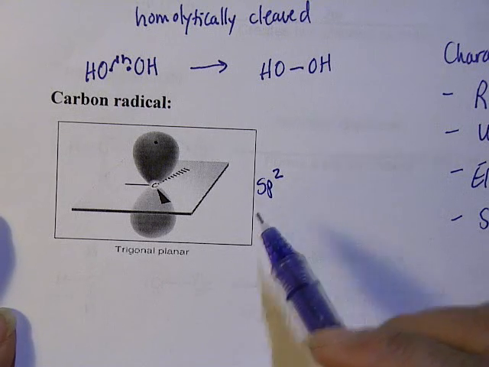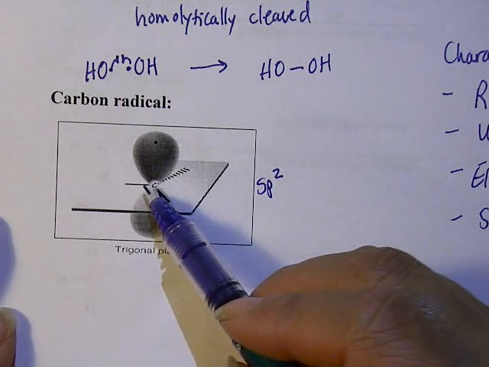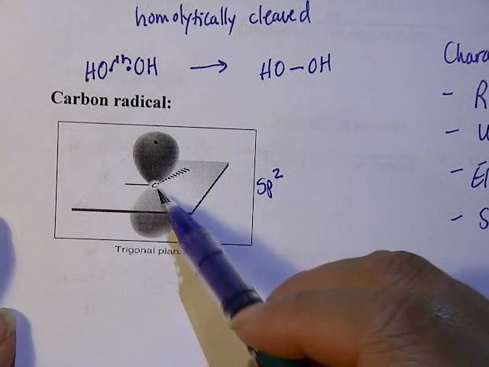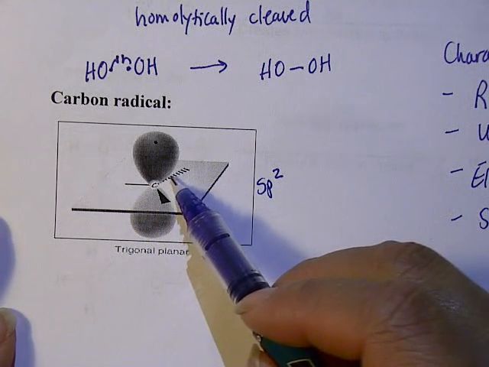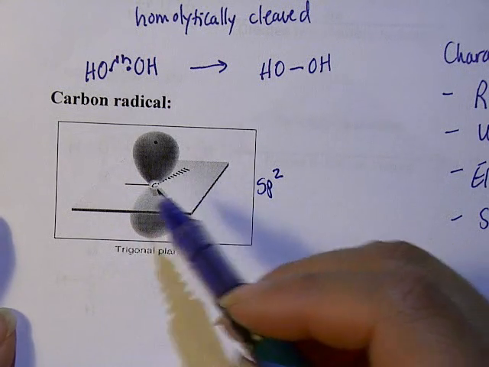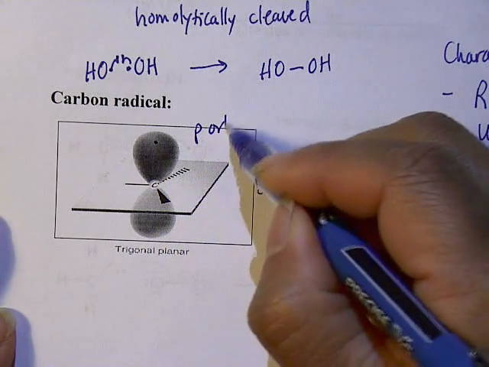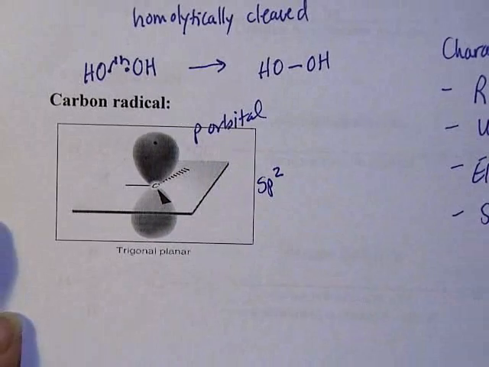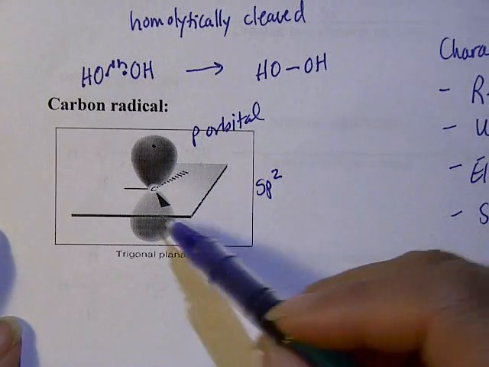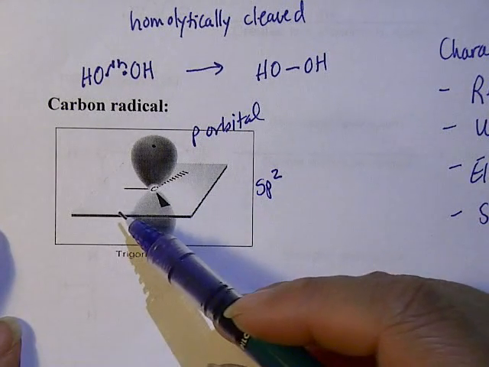So that means that you have 3 sp2 hybridized orbitals shown in this plane, and this orbital right here is the p orbital, orthogonal to the sp2 hybridized orbitals.